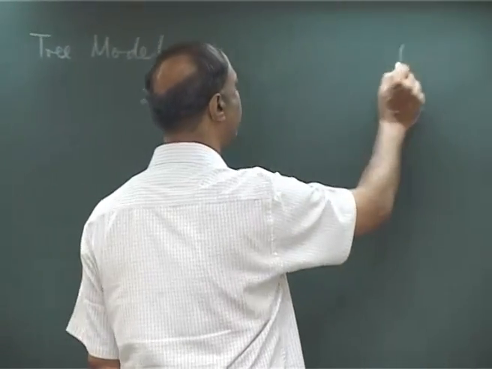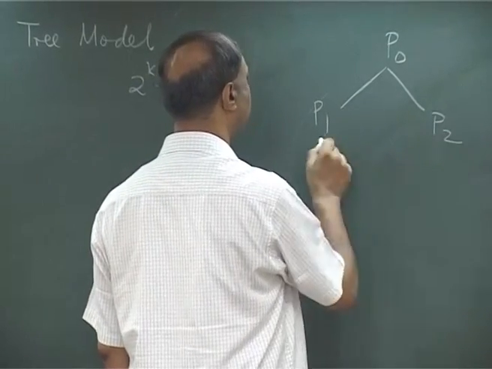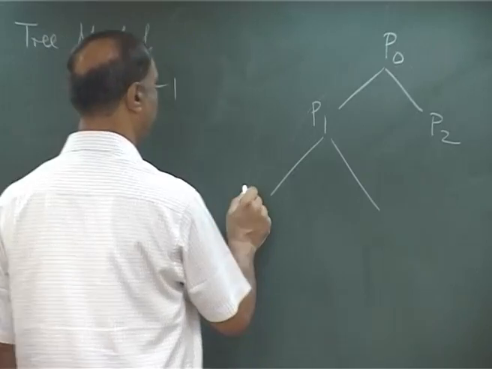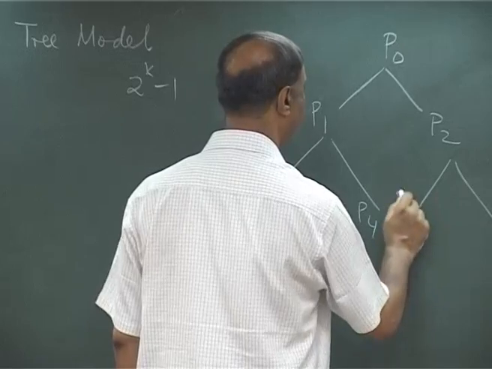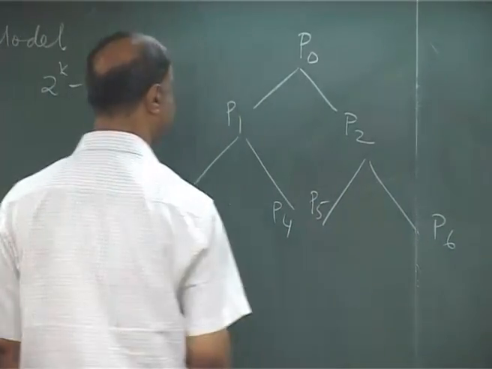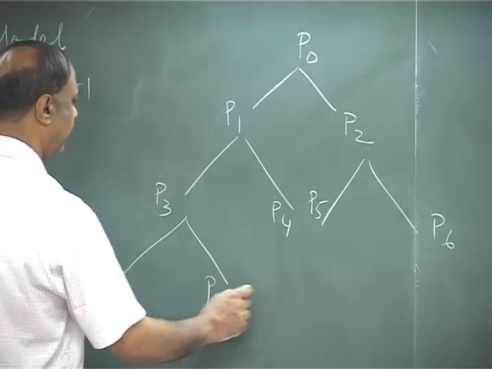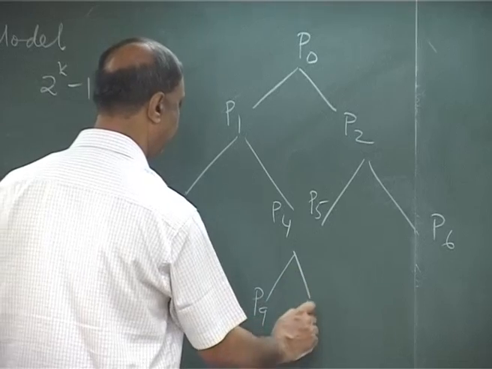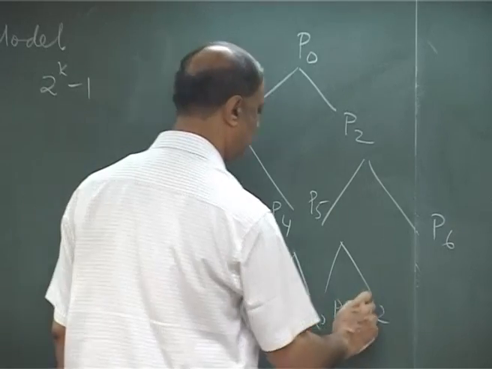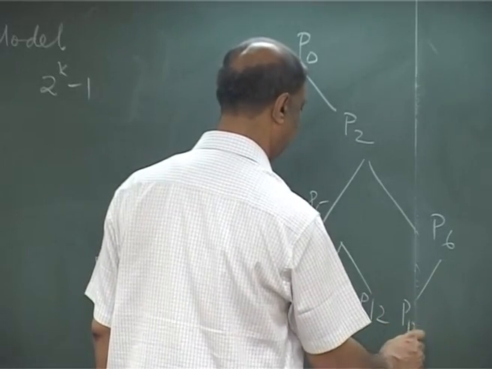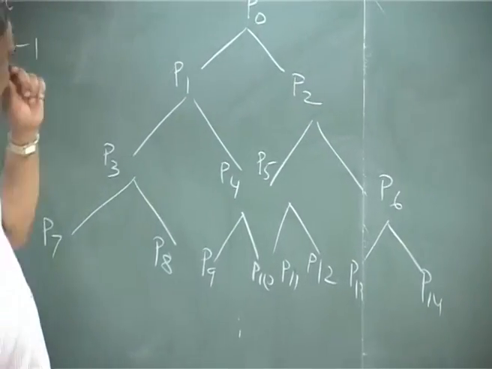That is, P0 is the root, P1, P2, P3, P4, P5, P6, P7, P8, P9, P10, P11, 12, 13, 14, and so on.